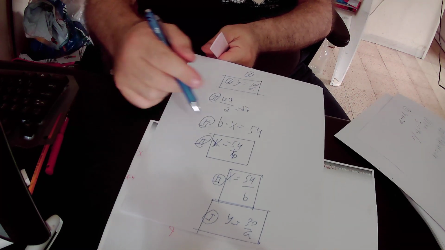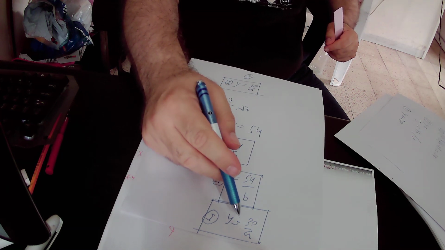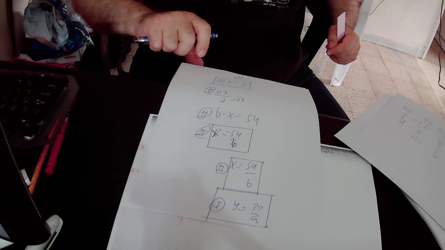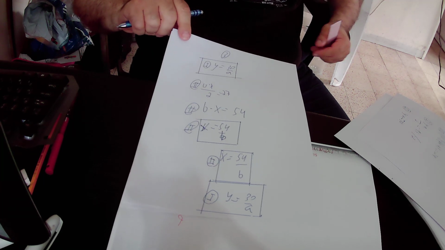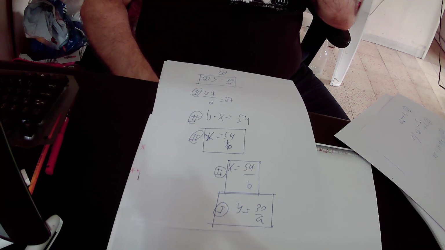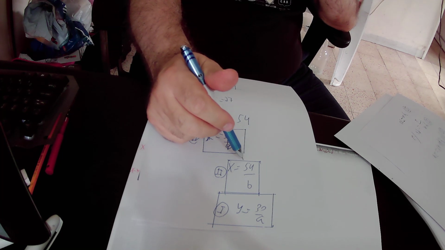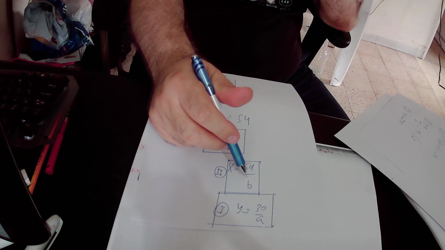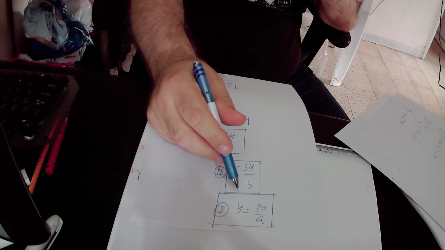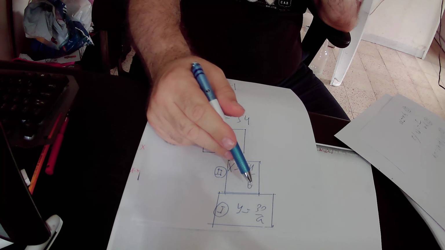Okay, x equals 54 over b and y equals 30 over a. So in the next step we will substitute x by 54 over b in the third equation, and we will also substitute y by 30 over a in the third equation.